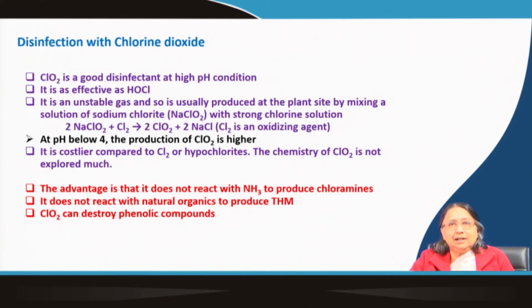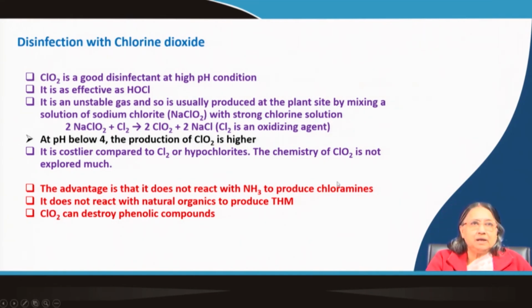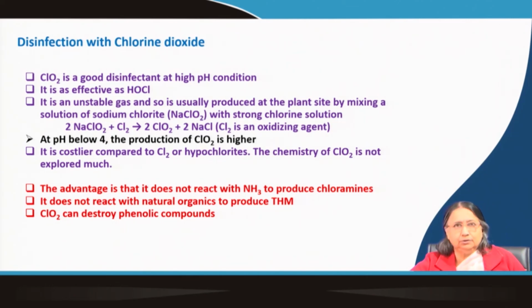Natural organic material, that is humic substances, does not react, so it is not producing THMs. In case of chlorine you have seen that chlorophenols are formed, but here ClO2 can destroy phenolic compounds. So, this is a good thing. There are advantages and disadvantages also.